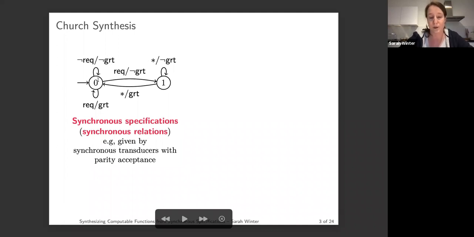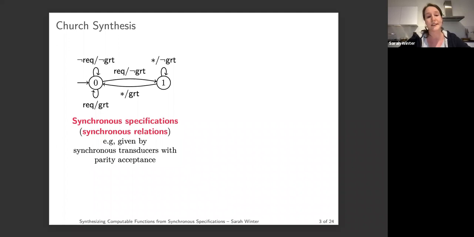Whenever a request was made, one goes to the state on the right-hand side, and whenever the request is granted, one can come back to the initial state. And I think most of you have probably seen this kind of request-grant specification a bunch of times. And this is just a simple example to get started.